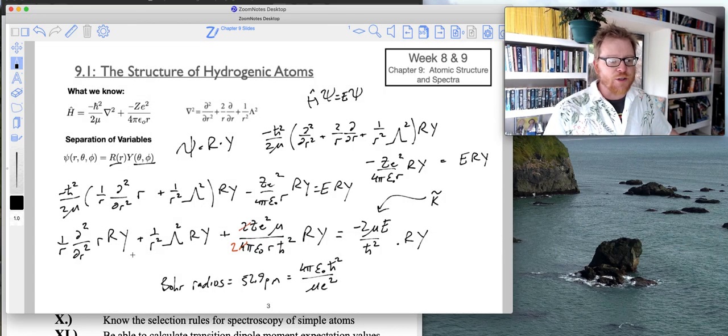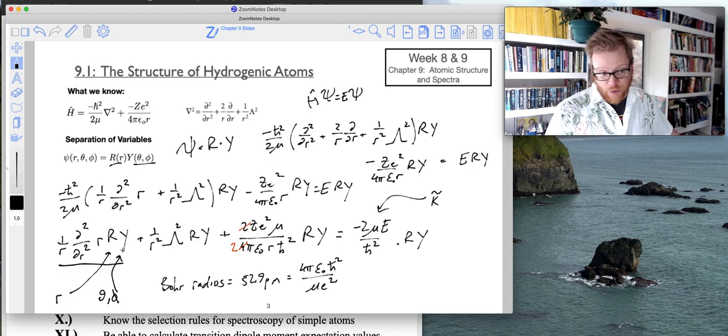And I'll also remind you, right, when I look at a term like this, let's focus on this term, Y is only dependent on theta and phi, whereas R is dependent only on r. So that means in this term, for example, my Y term, I can take out in front because I don't have to worry about taking the derivative of Y with respect to r, because Y is only dependent on theta and phi.